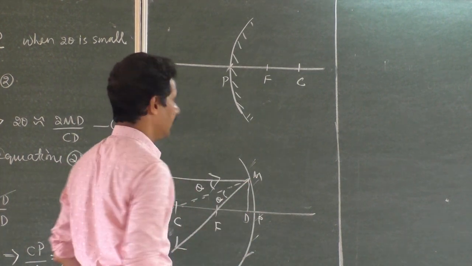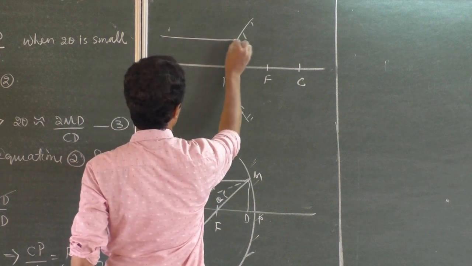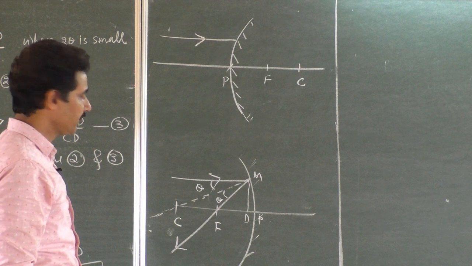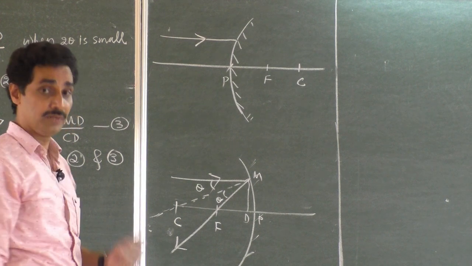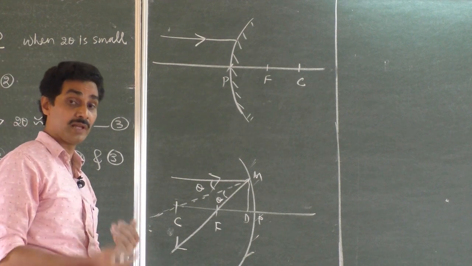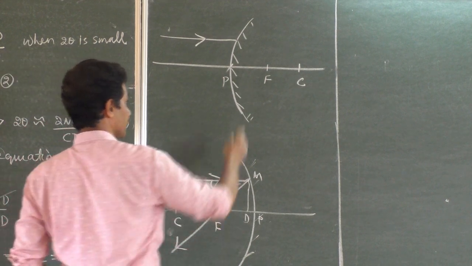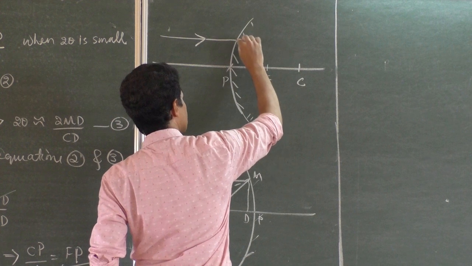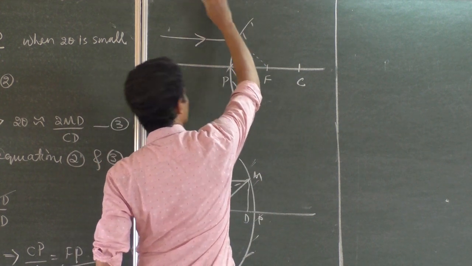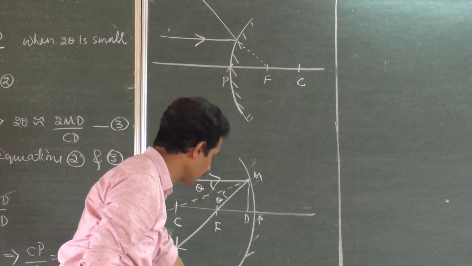Now we will do the same thing here. Take a ray of light, incident parallel to the principal axis. After reflection, it should diverge in such a way that it appears to diverge from the focus, not pass through the focus. So if this is the direction from the focus, it should diverge so that it appears to come from the focus.